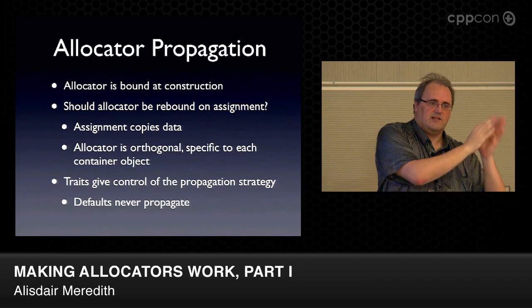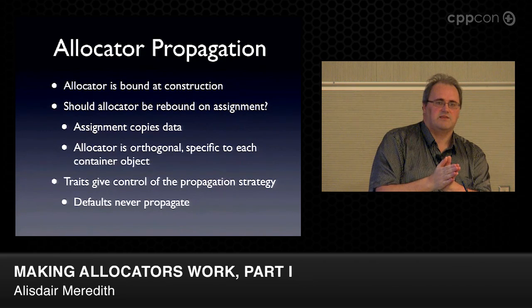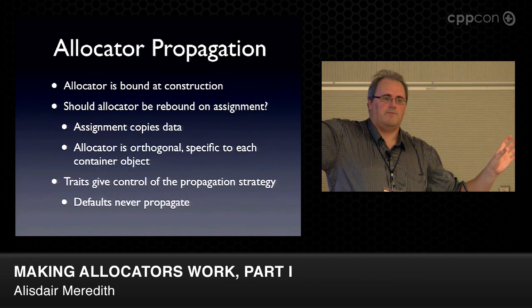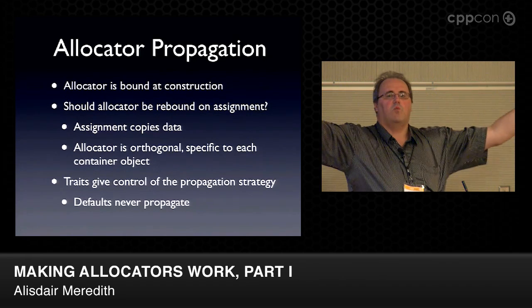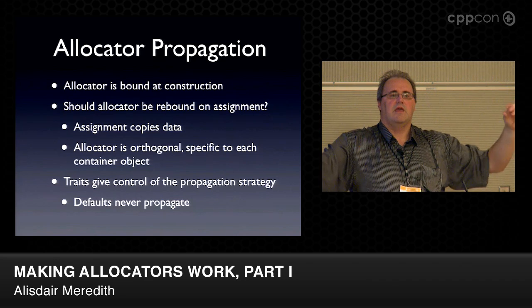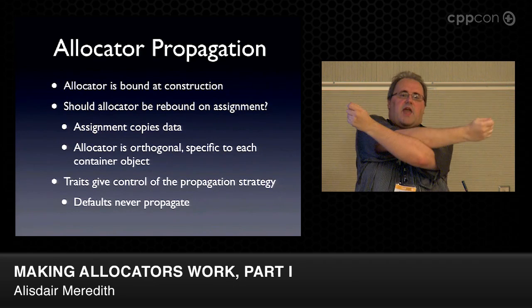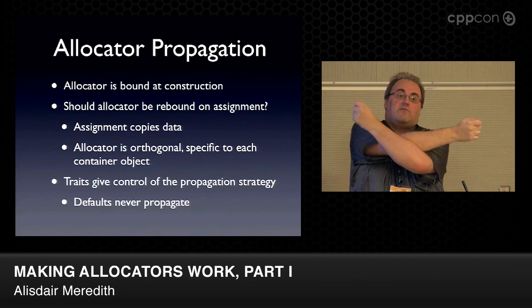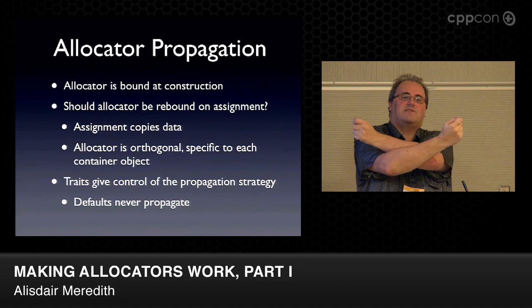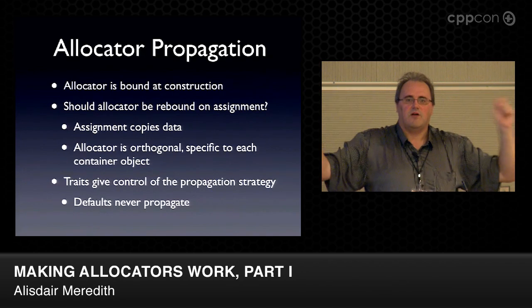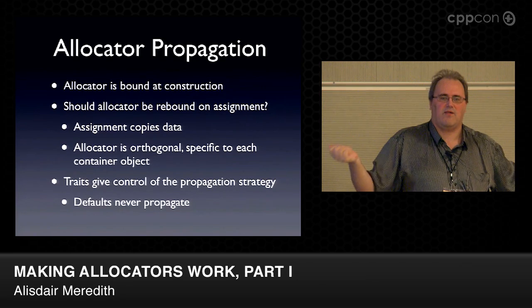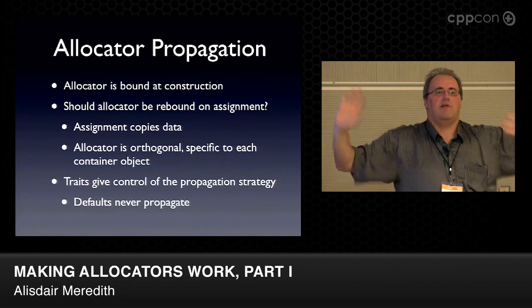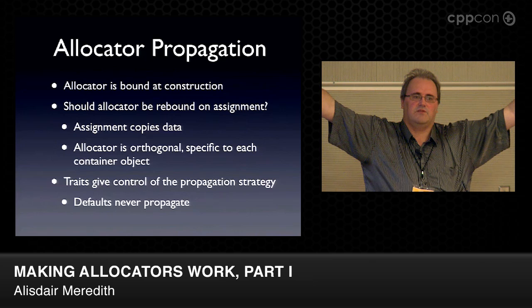So if I've got a shared memory vector of shared memory strings and another shared memory vector of more shared memory strings, but they're in different shared memory segments, and I start trying to swap elements between the two, I need to swap the characters in the strings, but I really don't want to swap the allocators that they're using, because it's a real property that the allocator of the elements in the container has to be the same as the allocator of the container for the whole duration of these allocators in their shared memory segments.